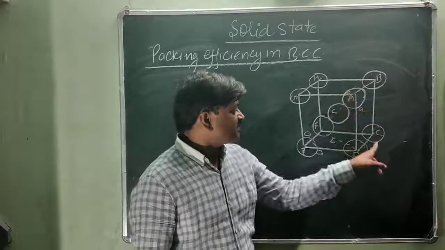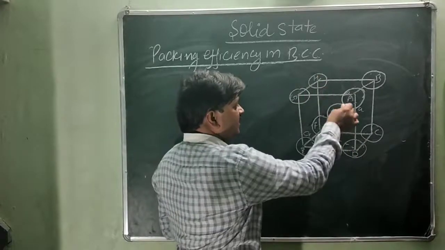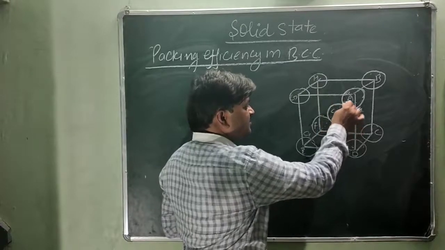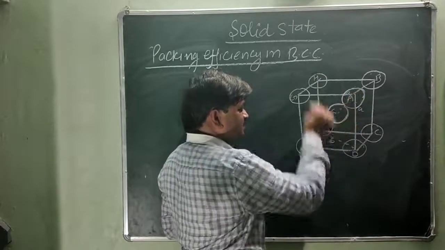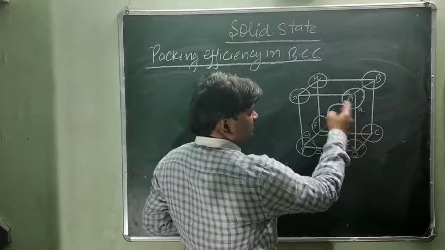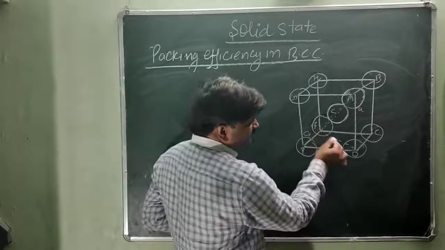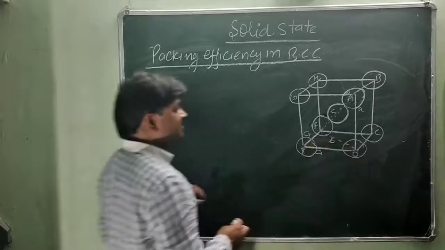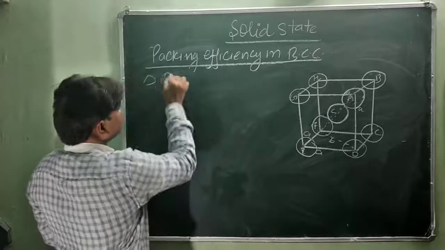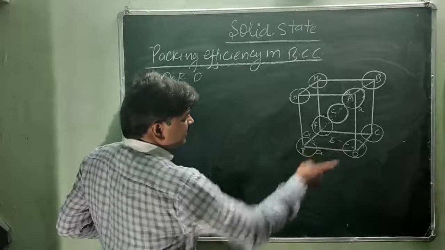This is A, B, C, D, E, F, G, H. 8 atoms present at the corners and 1 atom at the body point. So we are going to calculate the efficiency in BCC. So we should have the value of this. How do you calculate? These are the two a's, and this is c. If you have the value of this b, the two triangles form here. This is triangle AFD and the triangle EFD.